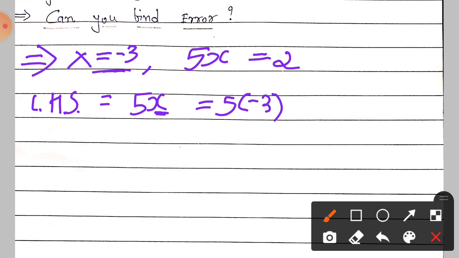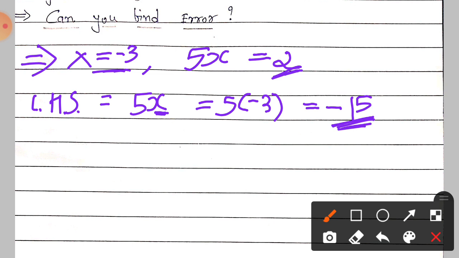This is a multiplication sign. So first we solve the sign, that is plus minus minus, then the product of 5 and 3, that is 15. So the correct answer is -15. In the question 2 is given, so that is an error in the answer.